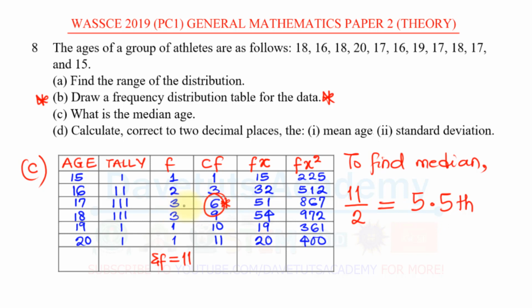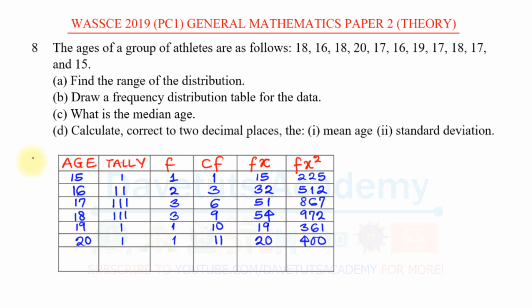And what is the value of the age of the athlete that is falling there? That is 17. So as a result of that, we can say the median, which is occurring at the 5.5th position, is 17. So this is the correct way to use the frequency distribution table to get the median of the given data.